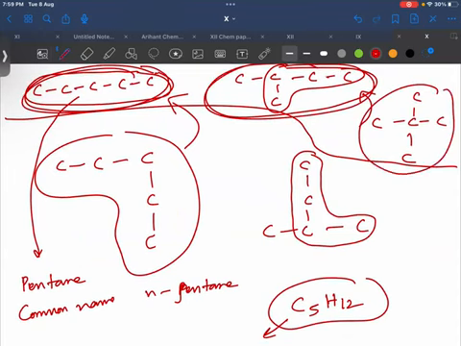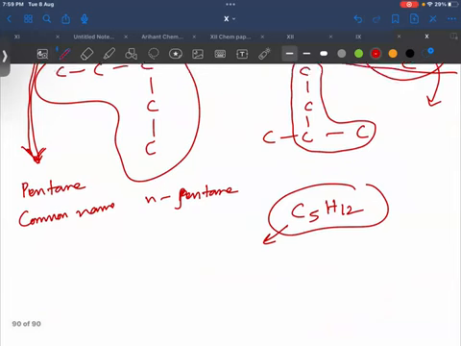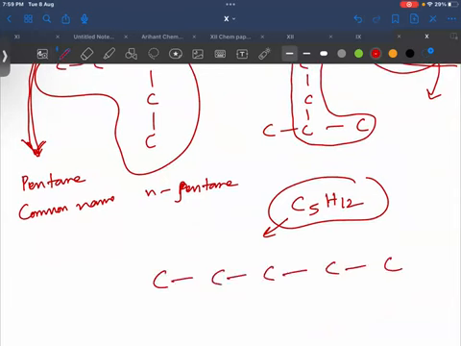All three have the same formula, but the IUPAC names of all three are different. The IUPAC name of this one is pentane, but the IUPAC names of these are not pentane. That's why C5H12 does not necessarily mean pentane. When all C5H12 carbons are connected in a straight chain, then it is known as pentane.